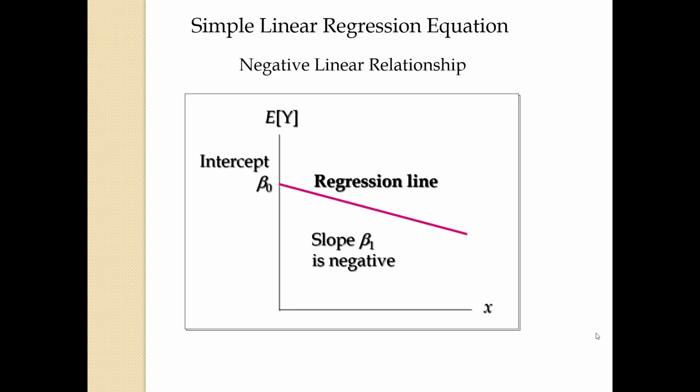Negative relationship just means as the x goes up, going from the left to the right, the line goes down, i.e. the expected values for the y's are dropping. And so we'd see a negative slope in that regard. So beta 1, in this case, would be a negative number. An increase by 1 unit in the x would result in some sort of drop in the average value for the y.